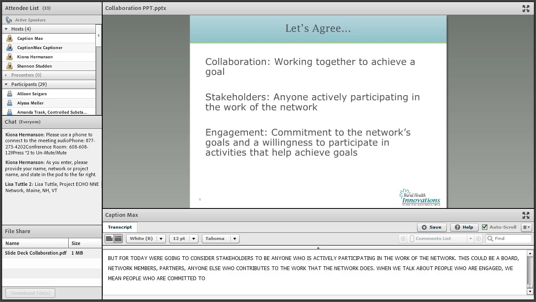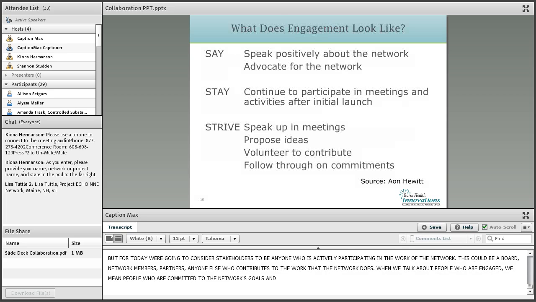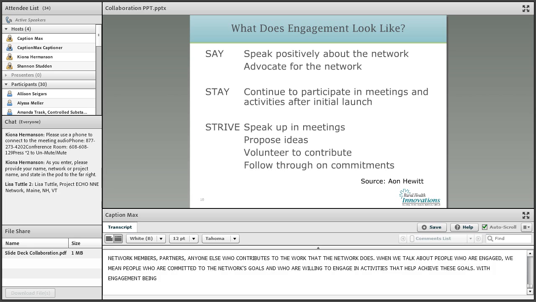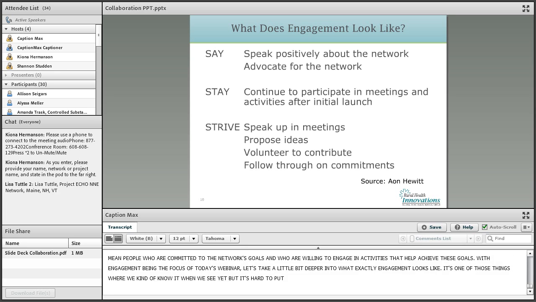But for today, we're going to consider stakeholders to be anyone who is actively participating in the work of the network. This could be your board, network members, partners, or anyone else who contributes to the work that the network does. When we talk about people who are engaged, we mean people who are committed to the network's goals and who are willing to engage in activities that help achieve these goals.